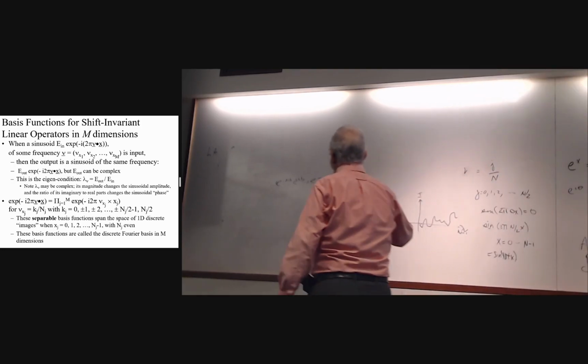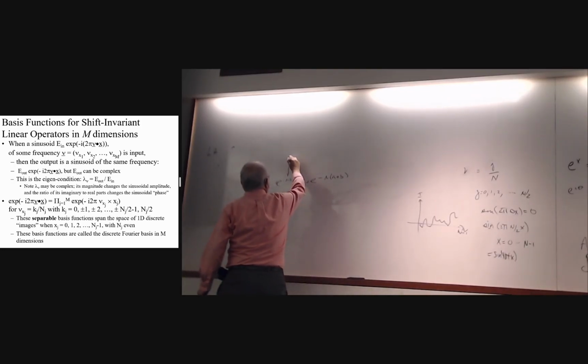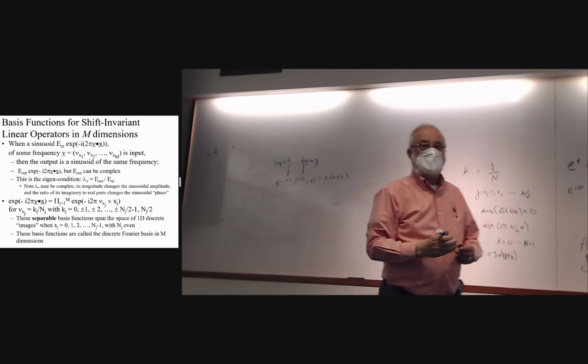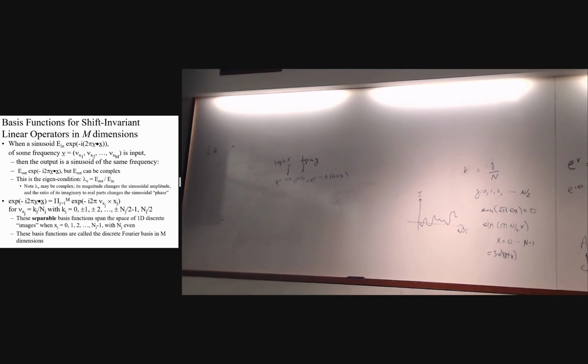Right, and so what we're going to do is play the game of letting A encode frequencies in X, and the B encode frequencies in Y. Which is just going to say that the basis images are going to be the product of basis images purely X and basis images purely Y, and they're going to be multiplied by each other.